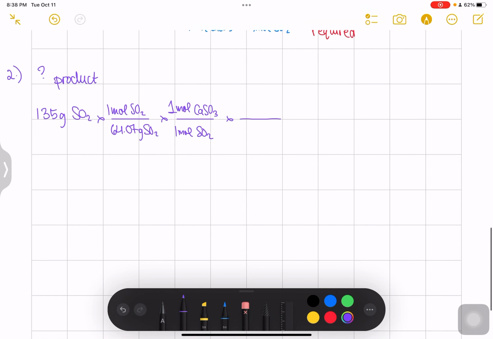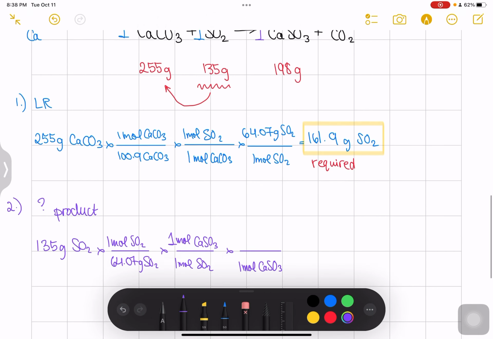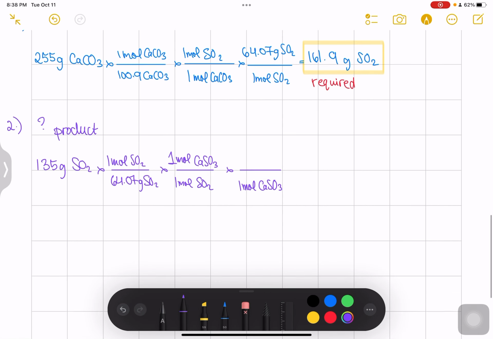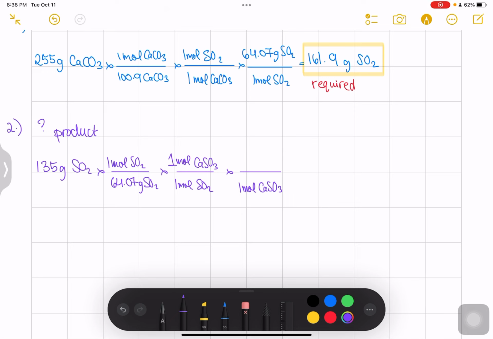Okay, now for every 1 mole of CaSO3, we have, oh no, more calculations. Okay, we said our sulfur was 32.07, I believe. Right, let me just make sure. Yeah. Okay, we have calcium, which is 40.08, and 3 oxygens, which is 48.0 grams.